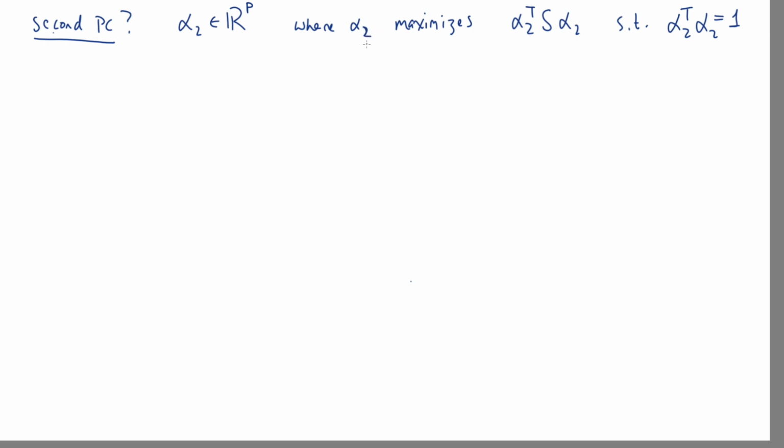So alpha2 is projecting onto another one-dimensional subspace, but we want the second direction or axis to be orthogonal to the first direction that we found.